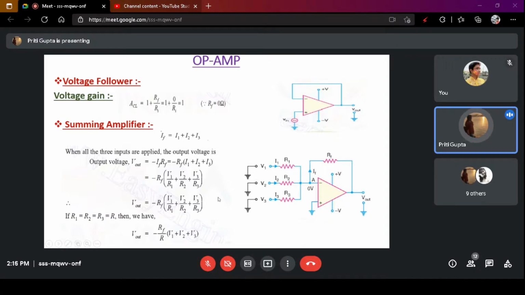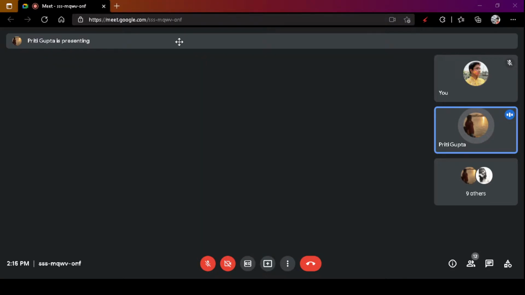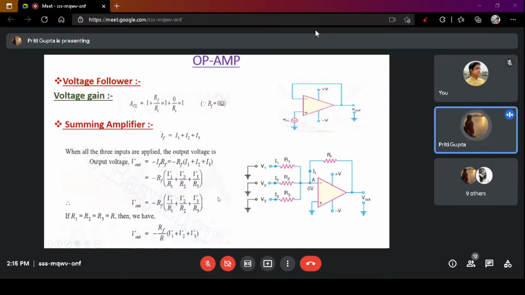I1, I2 and I3 come to a common node, A, and pass through the feedback resistance, and the summation of these 3 currents is IF, the current passing through the feedback resistance.